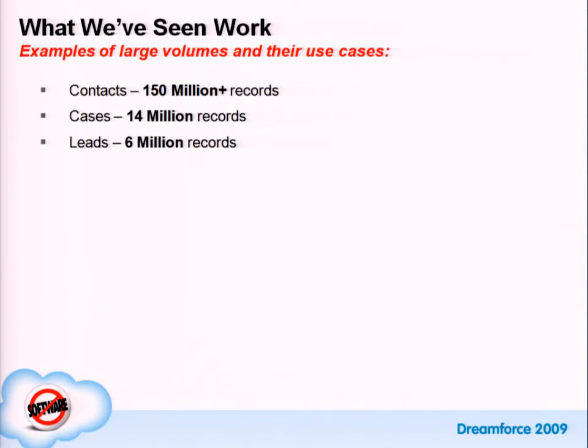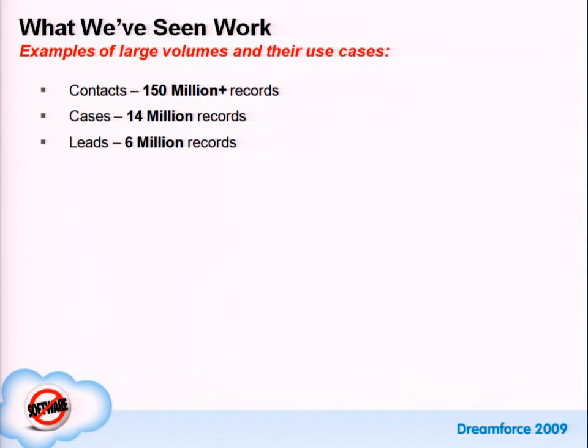But being a technical discussion, people probably want to have some definition for what large is. So I have here some cases from customers with the number of records that we've been able to address. I have one customer in the consumer space, and in the geography in which they operate, they have pretty much everybody they've ever come in contact with.